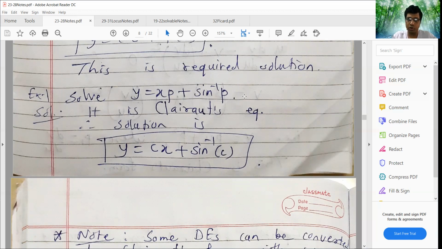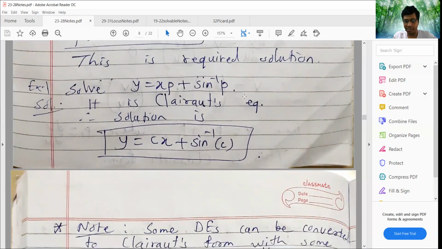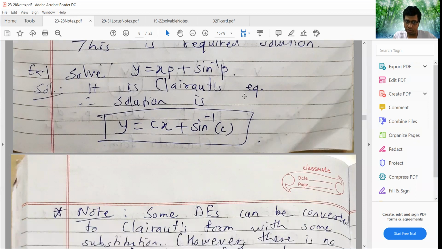You may be given a differential equation which is not of degree 1, and you can have different factors, and one of the factors is Clairaut's form. So the corresponding factor will have a simpler solution.